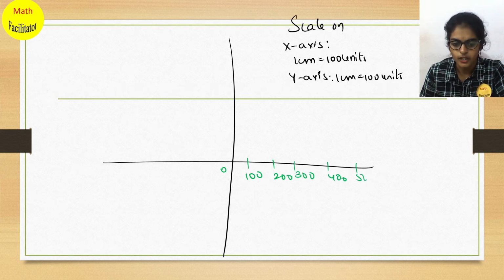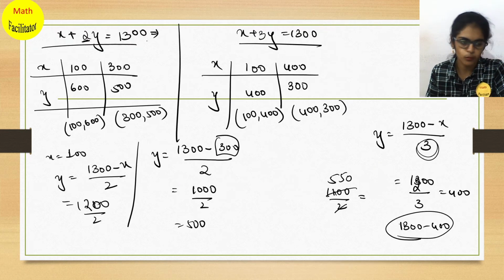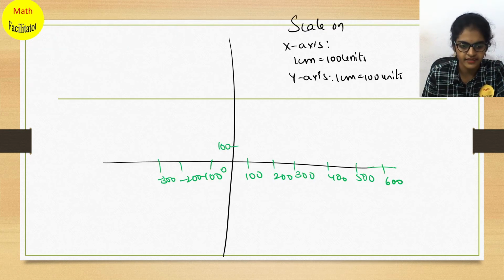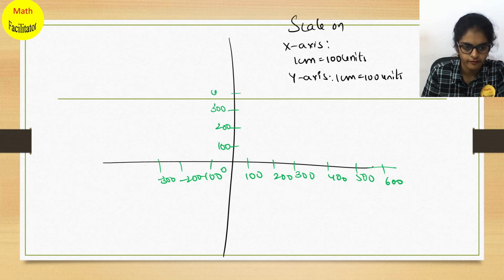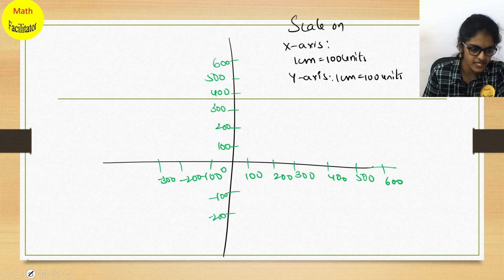That is the reason I told you to take it as 100. This is minus 100, minus 200. I don't have any negative values in my points. This is 100, 200, 300, 400, 500, 600, and minus 100, minus 200.